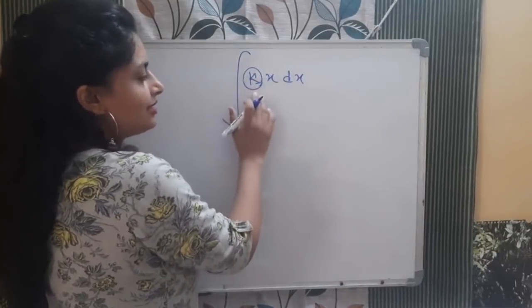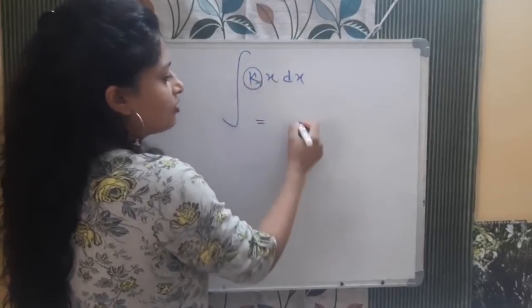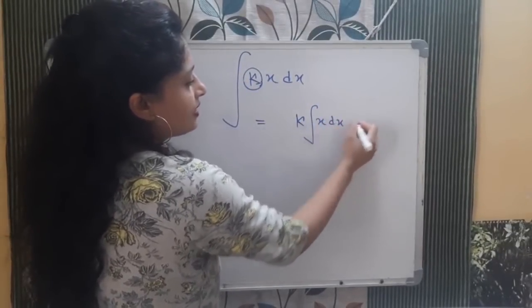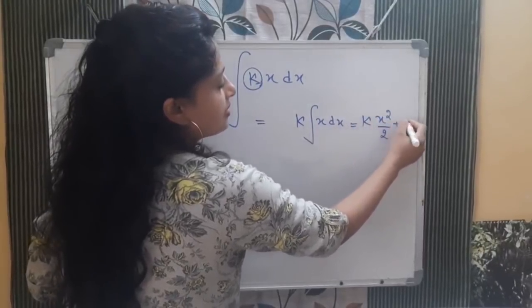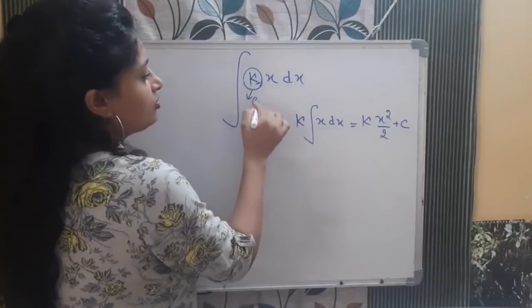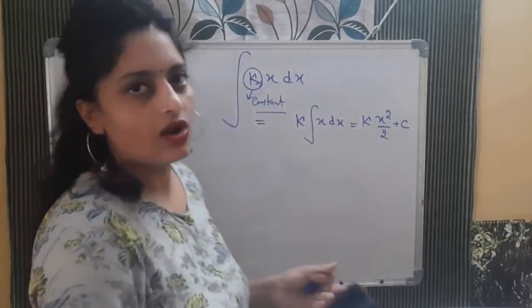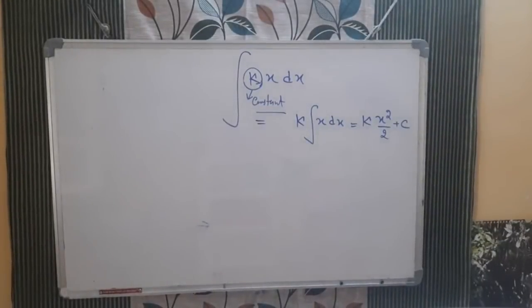Anything that is constant, that is not part of x. So what will the integration be? We will take the constant outside and then x dx. Now you can integrate: k x square by 2 plus c. So if it is multiplied with the constant, you can take the constant outside the integration. This is now our fourth formula.